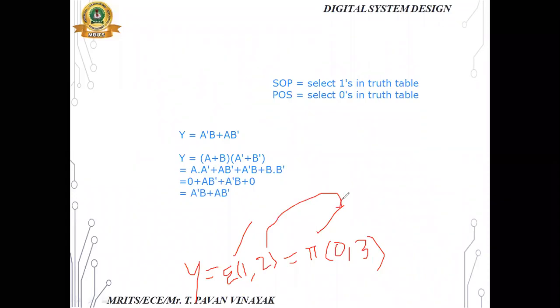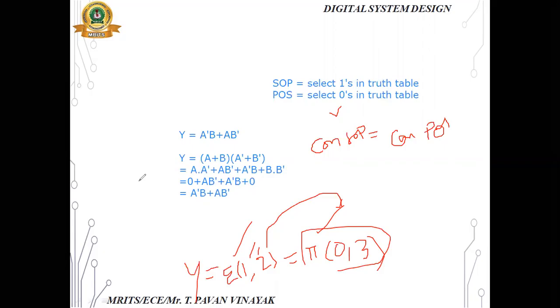So simply, canonical SOP is equal to canonical POS, whether from truth table or by expression. Whatever leftover indexes are available, those are available in pi.